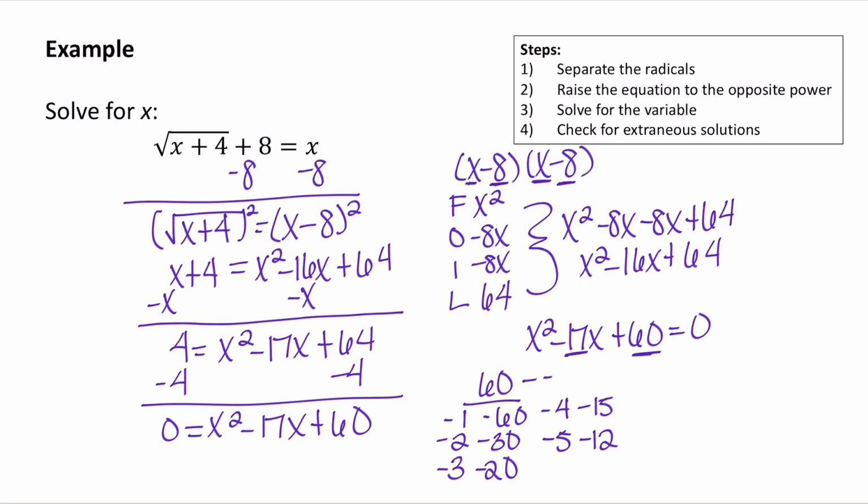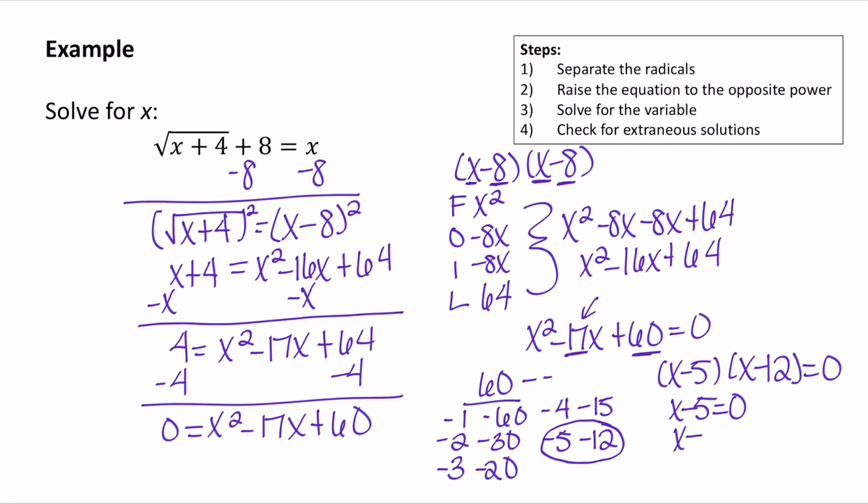And notice that negative 5 and negative 12 will give me the sum that I need, which is negative 17. So that means when I factor this equation, I'm going to have x minus 5 times x minus 12 equals 0. So that means that either x minus 5 equals 0, so that means x equals 5, or x minus 12 equals 0, which tells me that x equals 12.